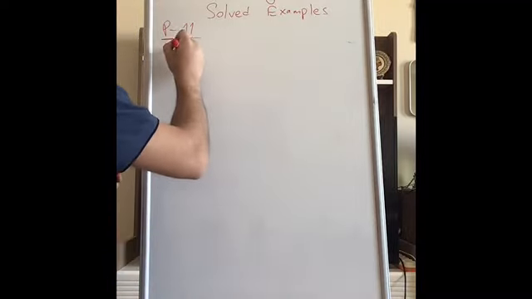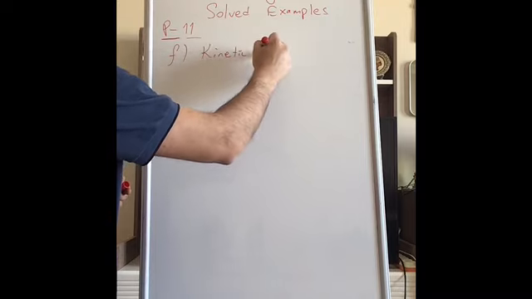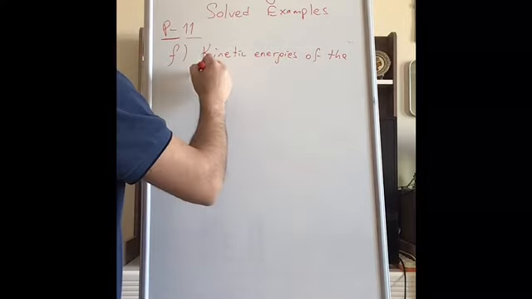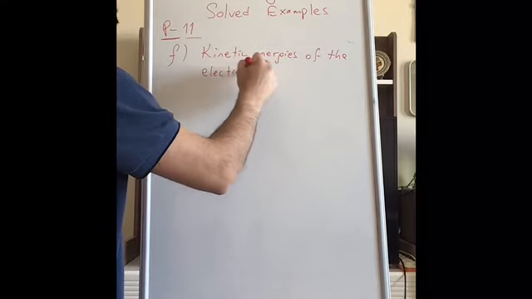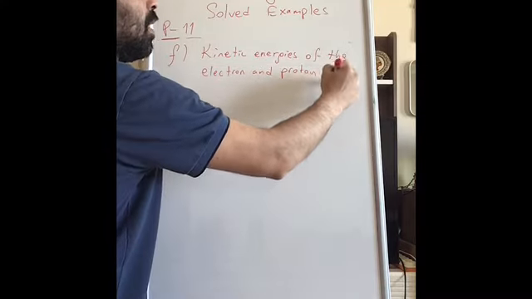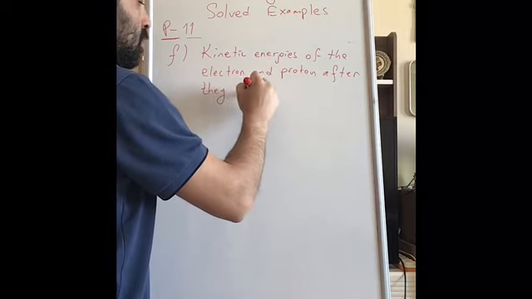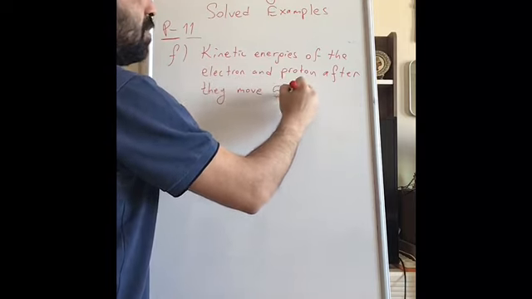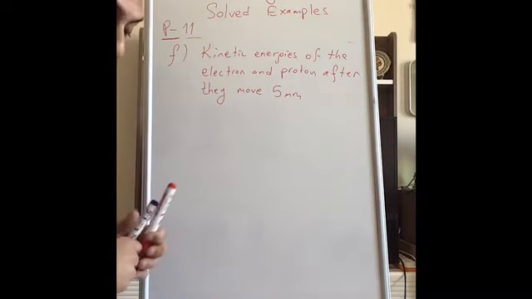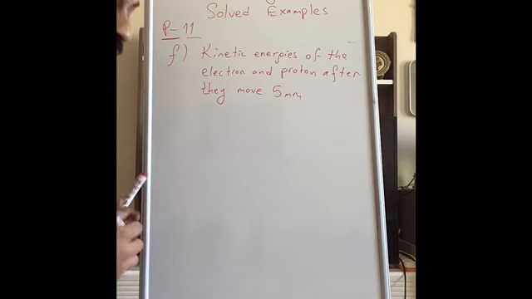So part F is asking the kinetic energies of the electron and proton after they move 5 millimeter. One is moving upward, the other is moving downward. But I mean, energy is a scalar magnitude, so direction is not important.